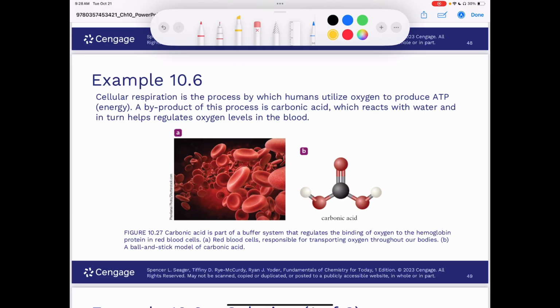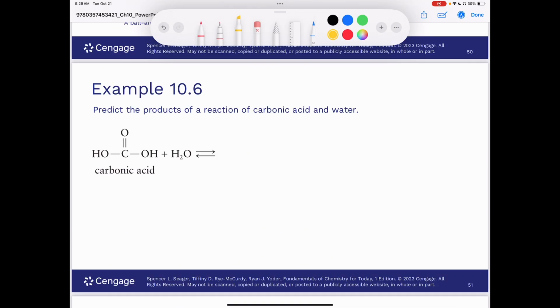All right, cellular respiration is the process by which humans utilize oxygen to produce adenosine triphosphate, or ATP, which is energy. A byproduct of this process is carbonic acid, which reacts with water and in turn helps regulate oxygen levels in the blood. And so our question is, predict the products of a reaction of carbonic acid and water.